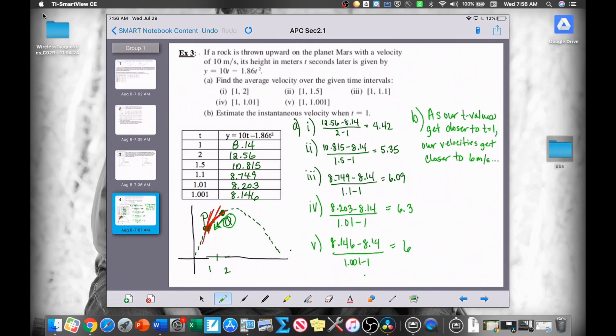That's our units, right? Height divided by time, meters divided by seconds. So the instantaneous velocity is 6 meters per second. And that's the answer to part B.